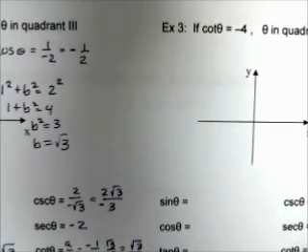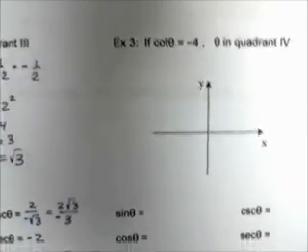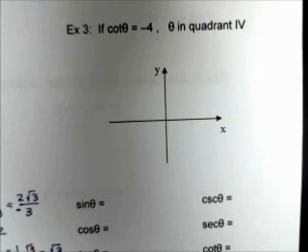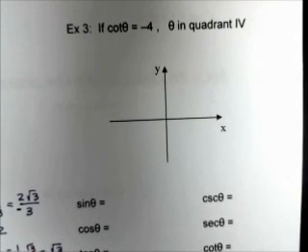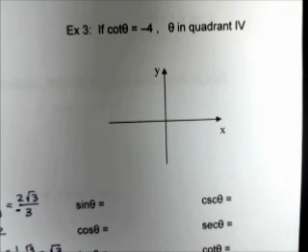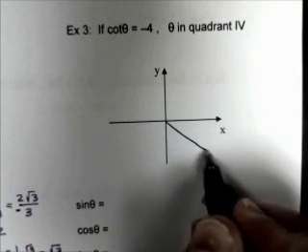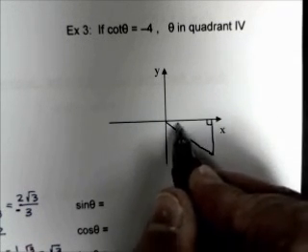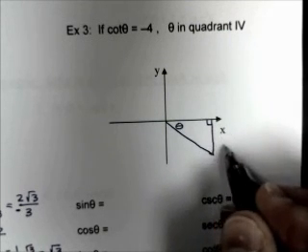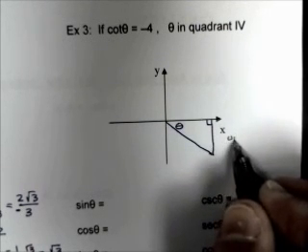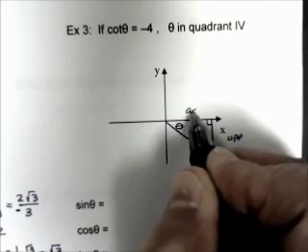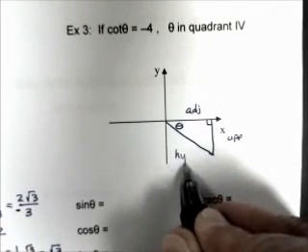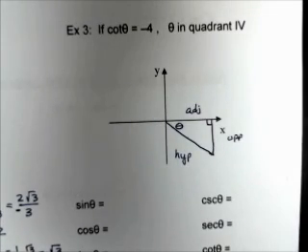And continuing with the next example, if the cotangent of theta equals negative 4 and theta is in quadrant 4, let's draw a right triangle in quadrant 4. I'll mark our sides that are opposite, adjacent, and the hypotenuse of our right triangle.